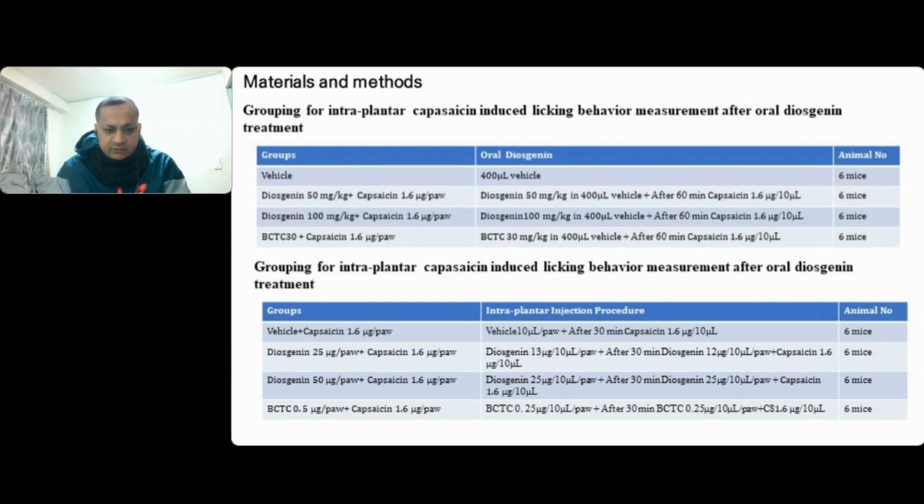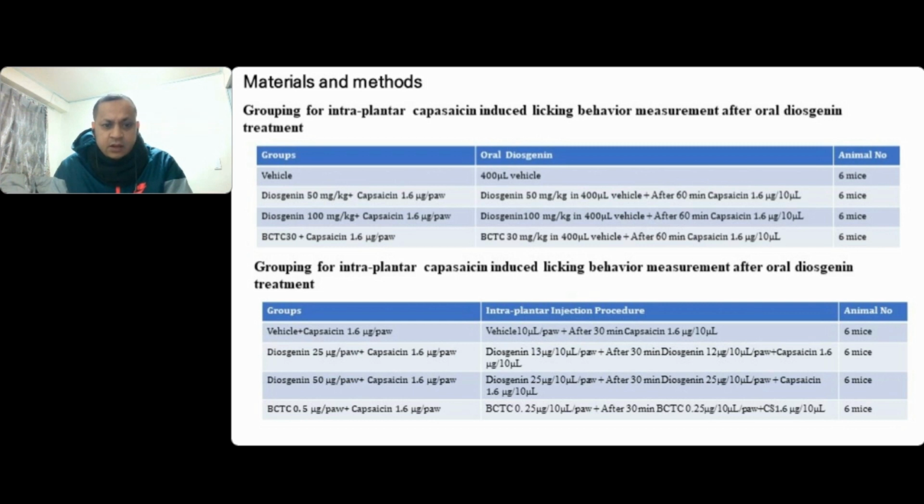We used Diosgenin at an oral dose of 50 milligram per kg and also 100 milligram per kg, and for BCTC we used 30 milligram per kg.